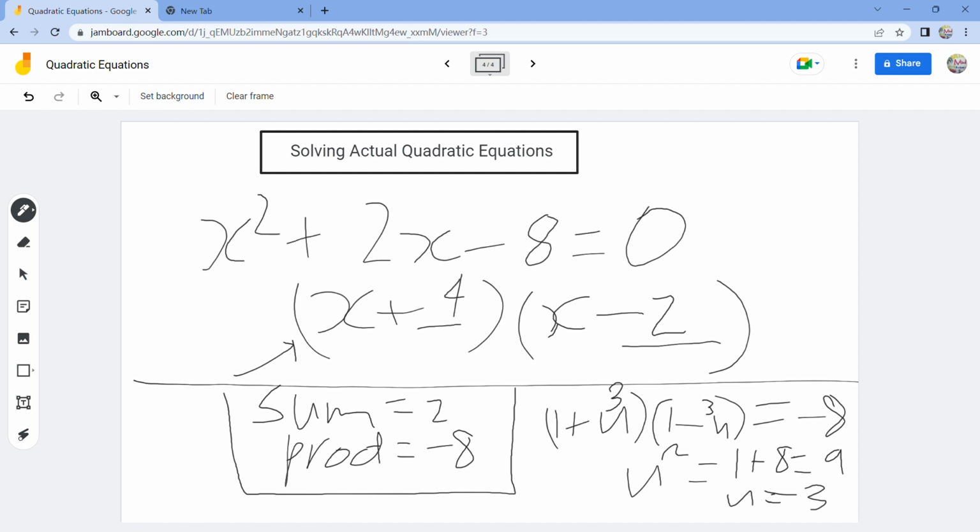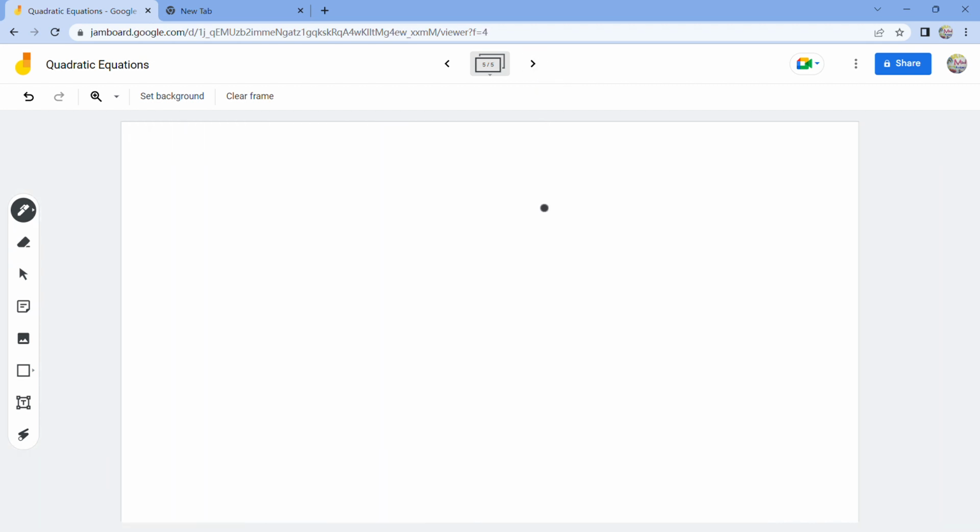So it's x minus 2 and x plus 4. Okay, so over here, x plus 4 is 0. That means that x is minus 4. X minus 2 is 0. X is 2. Okay, so this is solving actual quadratic equations.